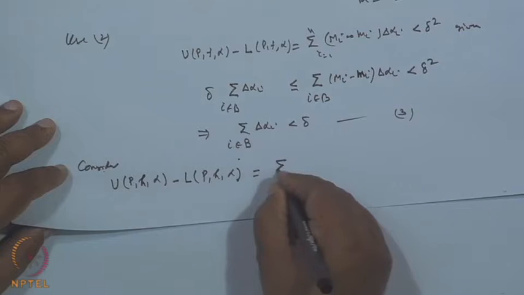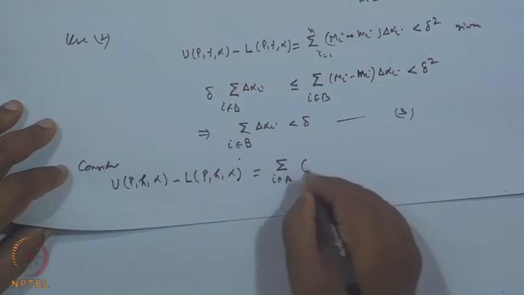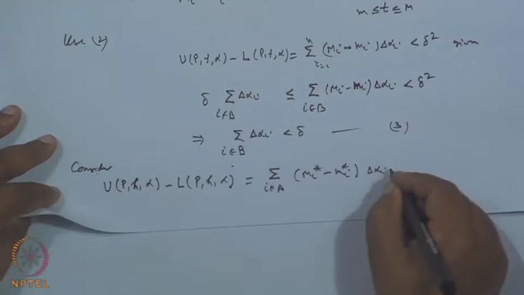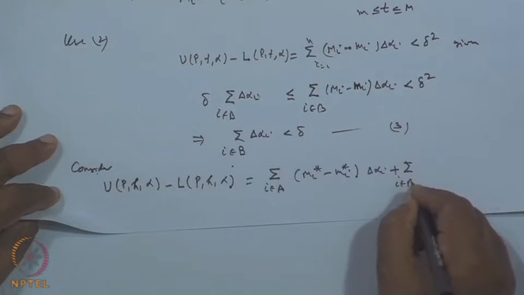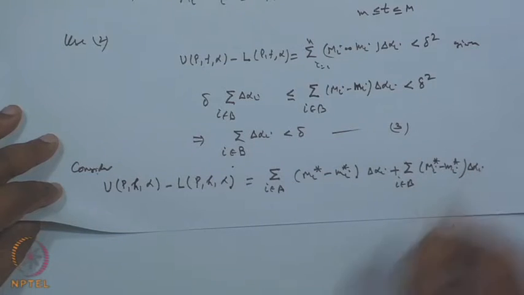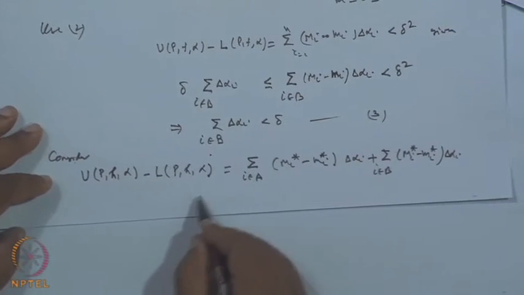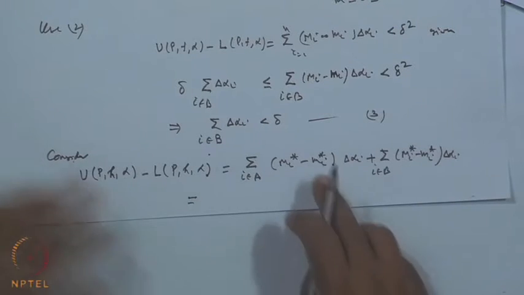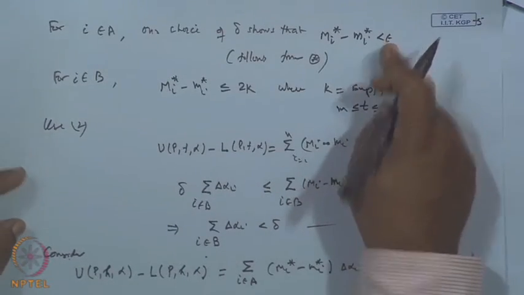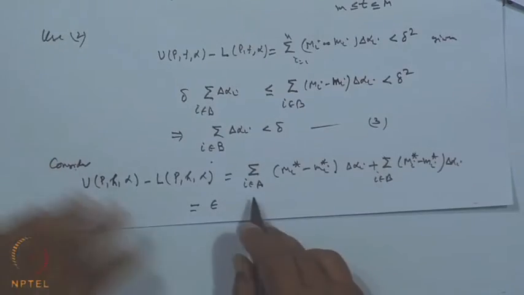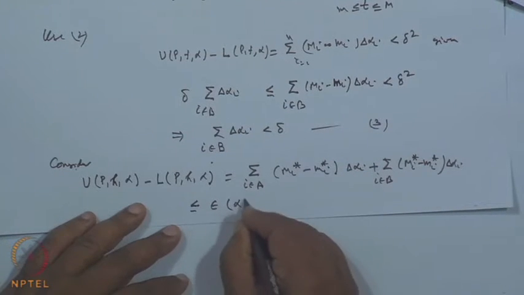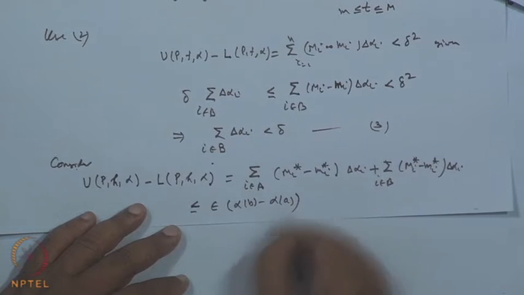We can divide this in two parts: the sum over I in A of (M_i star minus small m_i star) delta alpha_i, plus the sum over I in B of (M_i star minus small m_i star) delta alpha_i. For I in A, we have already justified that the difference is less than epsilon, and the sum of delta alpha_i is less than alpha(b) minus alpha(a). So we get this part.